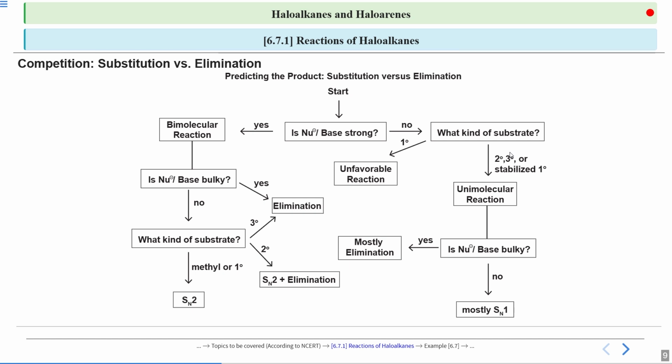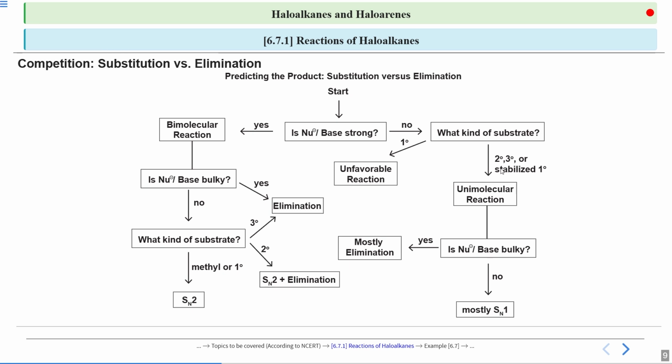Unfavorable reaction means that the reaction is generally not likely to proceed. Other than primary, if your substrate is secondary, tertiary, or a stabilized primary, then what will happen?